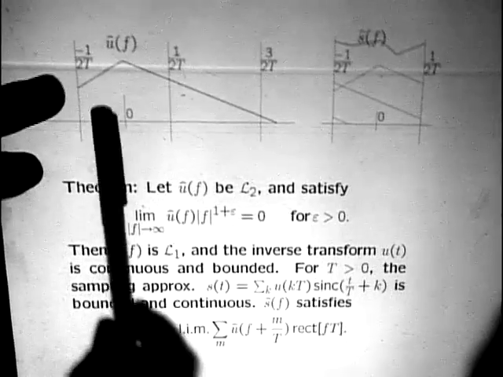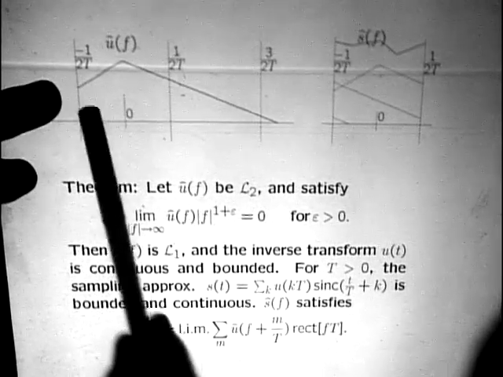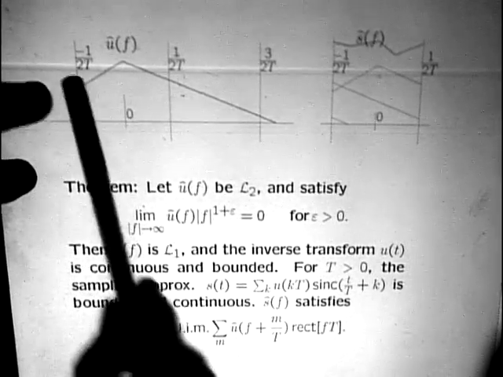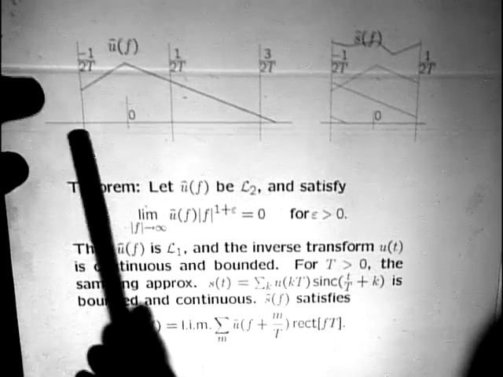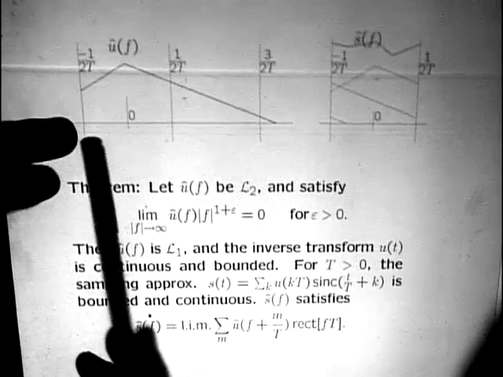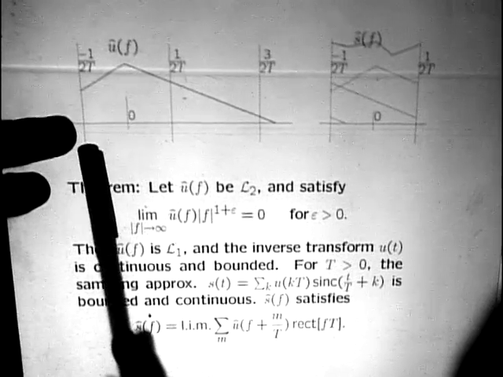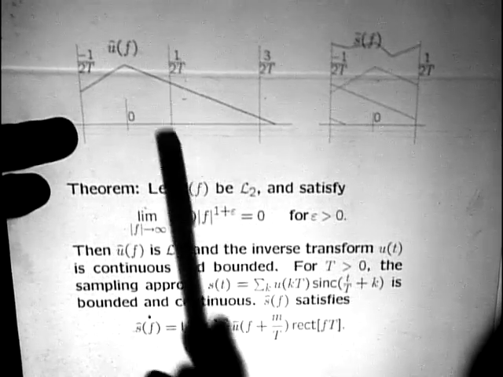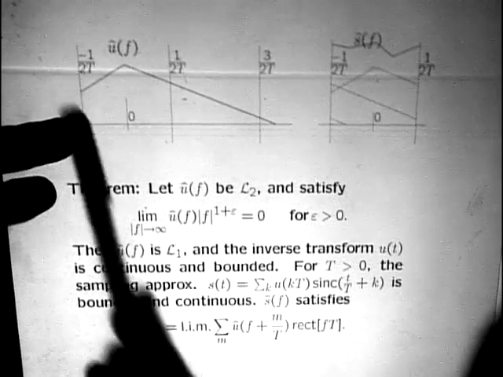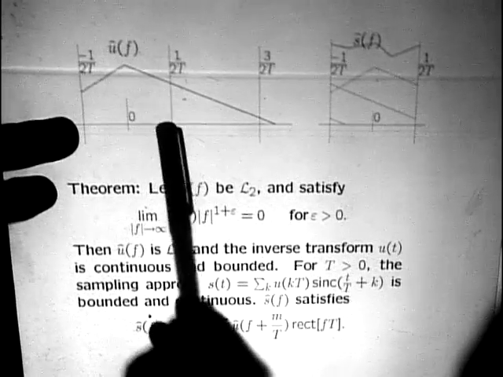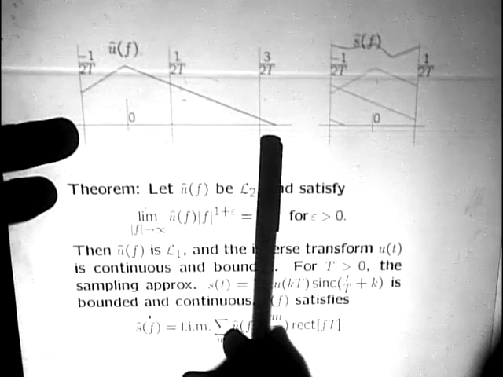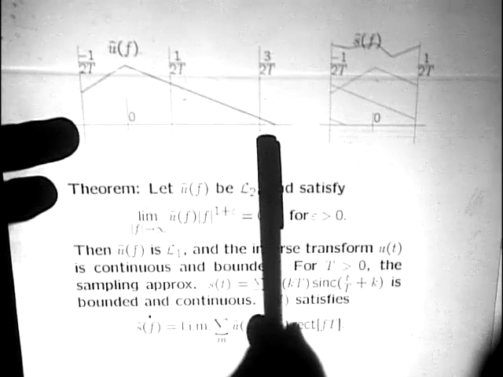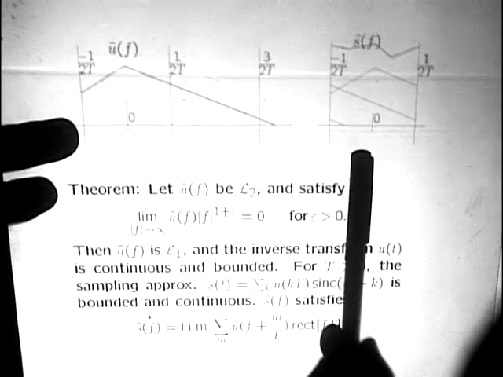Let's suppose we start out with a frequency function which looks like this. Actually, it should have something else there, but that's okay. So this is minus 1 over 2T. This is plus 1 over 2T. In other words, minus W to W. Here we have another frequency band from W to 3W, another frequency band from 3W to 5W.